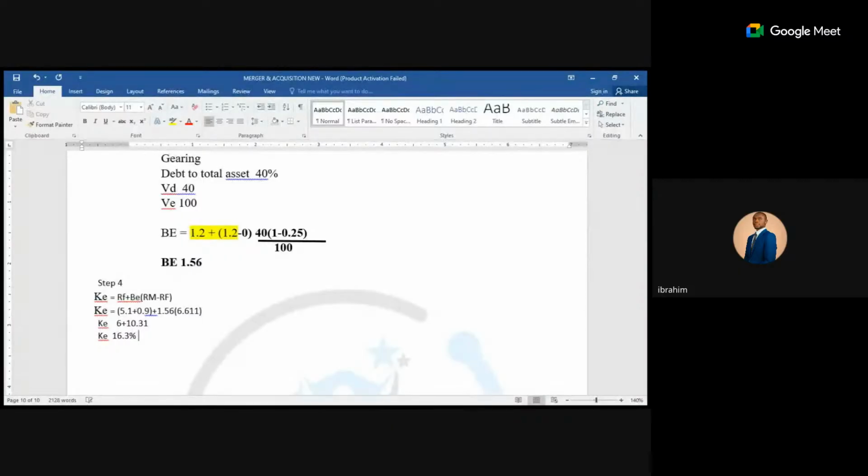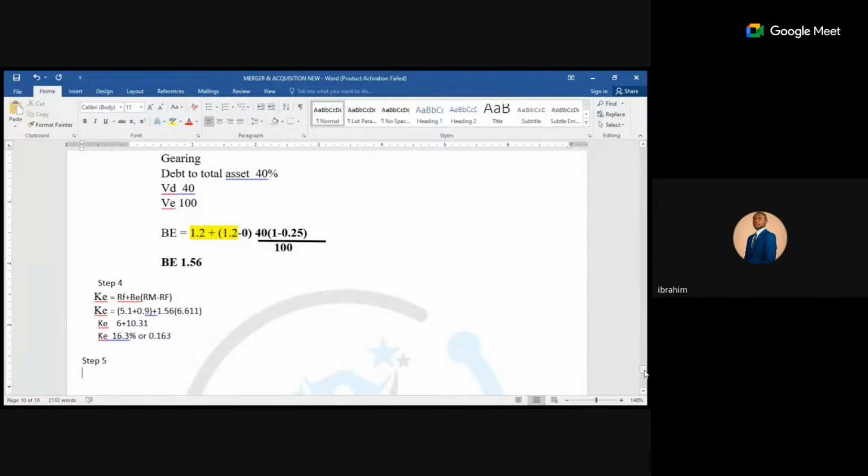16.3%, or this will be 0.163, right? Okay. Step 5, the WACC. What led us to all these things is because LT did not have equity beta, and they have to use a similar company.